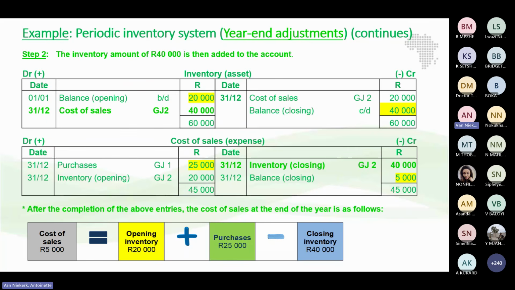Yes, but you are now too clever for this module. We are not taking it so far. We are just using opening inventory, purchases, closing inventory. But you are 100% correct. We just use the basics so that you can understand at least how cost of sales is calculated.